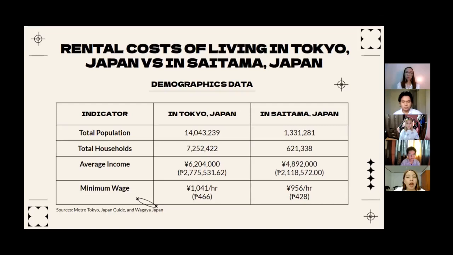As Tokyo is the wealthiest city in the country, it also has the highest minimum hourly wage in the country, with 1,041 Japanese yen or 465 pesos per hour. Saitama, Tokyo's neighboring city, has a minimum wage of 956 Japanese yen or 428 pesos per hour. Next slide, please.